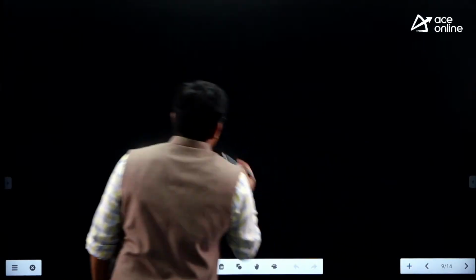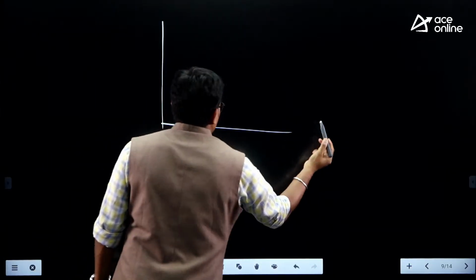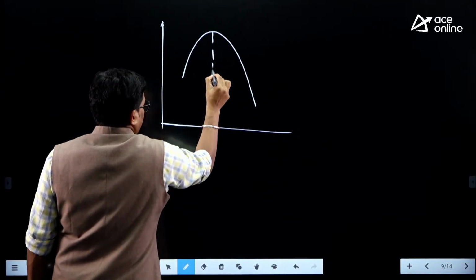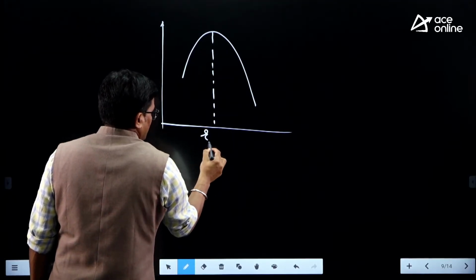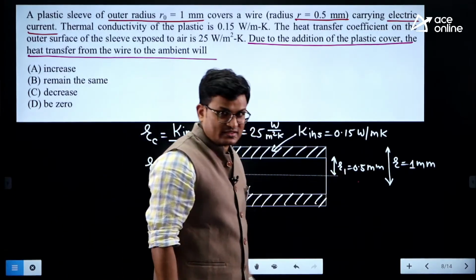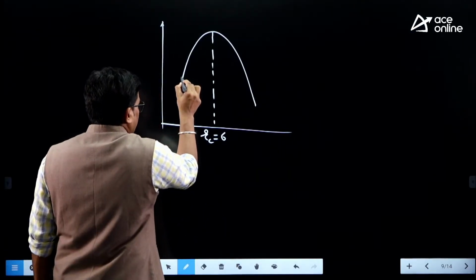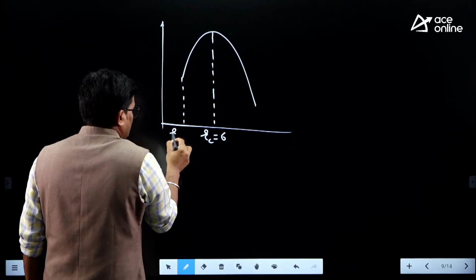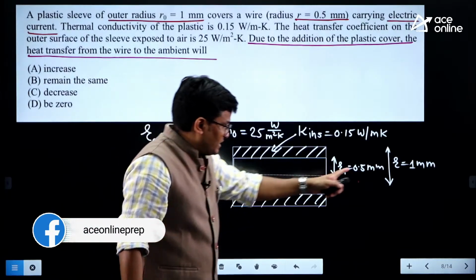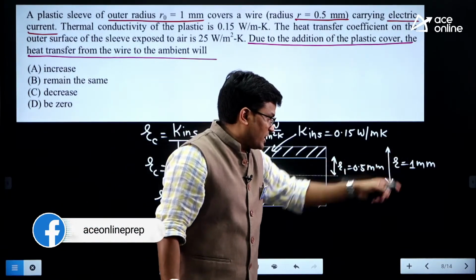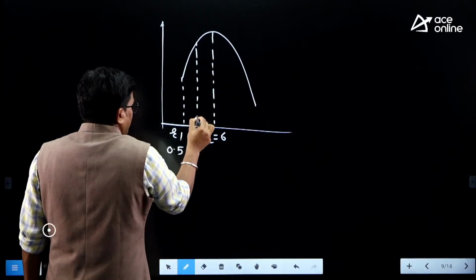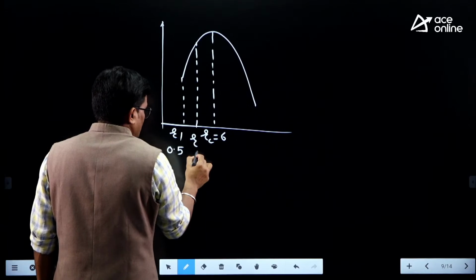You can plot it here on the graph we have. So RC is equal to 6 mm. The original radius R1 is 0.5, and then we add a plastic sleeve up to the radius R, that is 1.